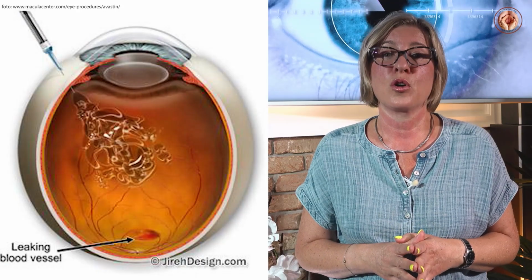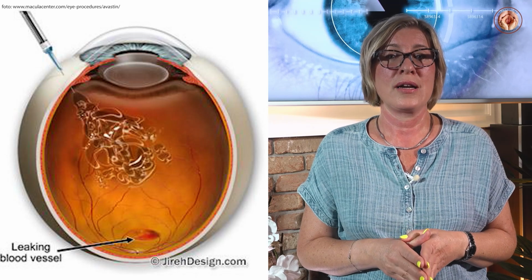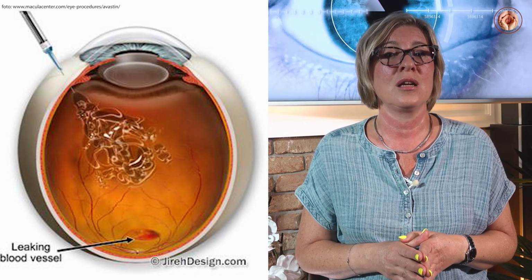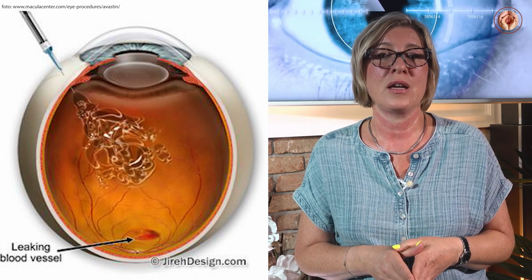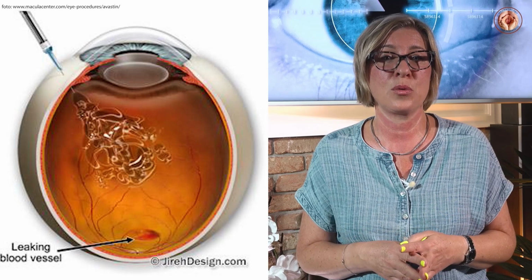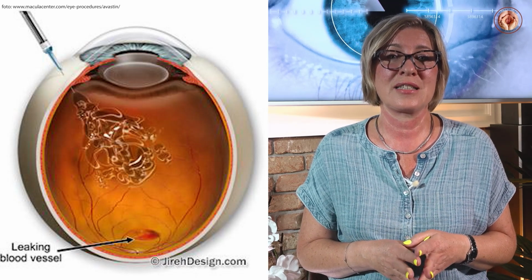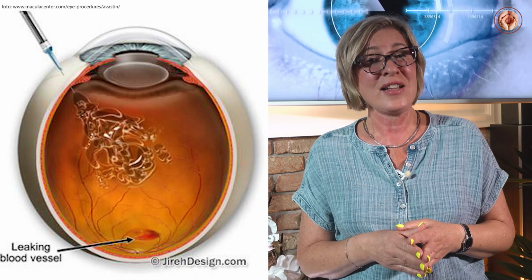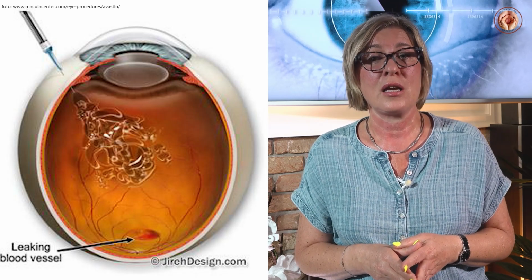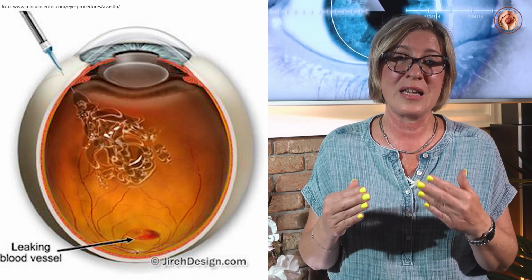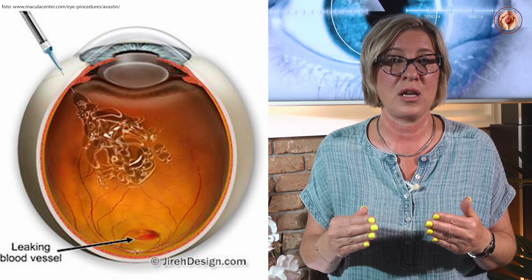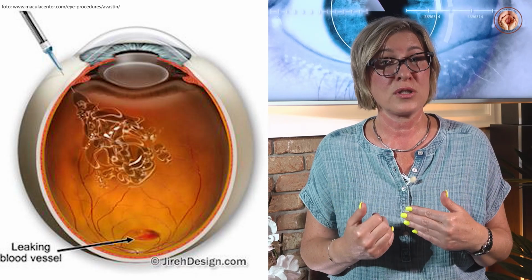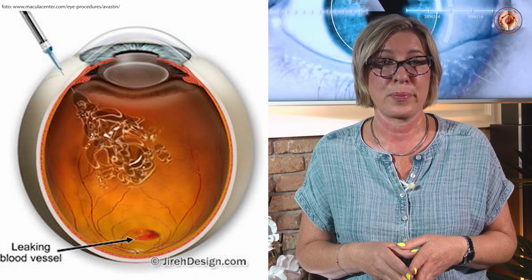Another option, more frequently used now, is anti-VEGF therapy, intravitreal injections with medications such as Avastin. Avastin is injected directly into the eye to inhibit the action of VEGF and reduce abnormal blood vessel growth.